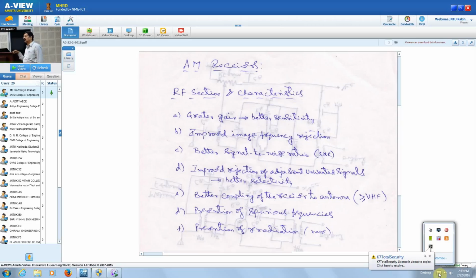Have to increase this. So the cost of this, but therefore a local oscillator.